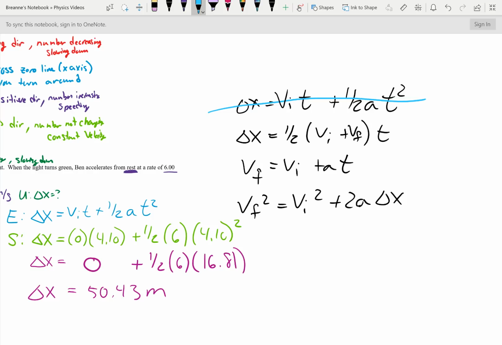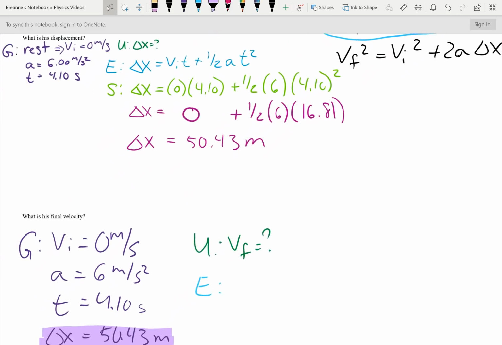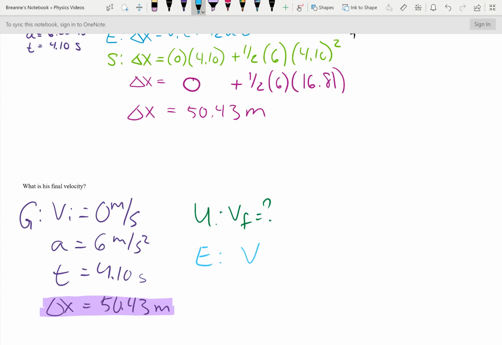But now we do have displacement. Let's see if we can use it without using it. So we could do this one or this one. It is possible. But I'm choosing to do this one because it does not have displacement in it. And just in case I might have messed up the first time, I'm letting you know I didn't. I promise you that's the answer. But I'm trying to talk it through like how you might during a test. So let's use our final velocity equals initial velocity plus at.